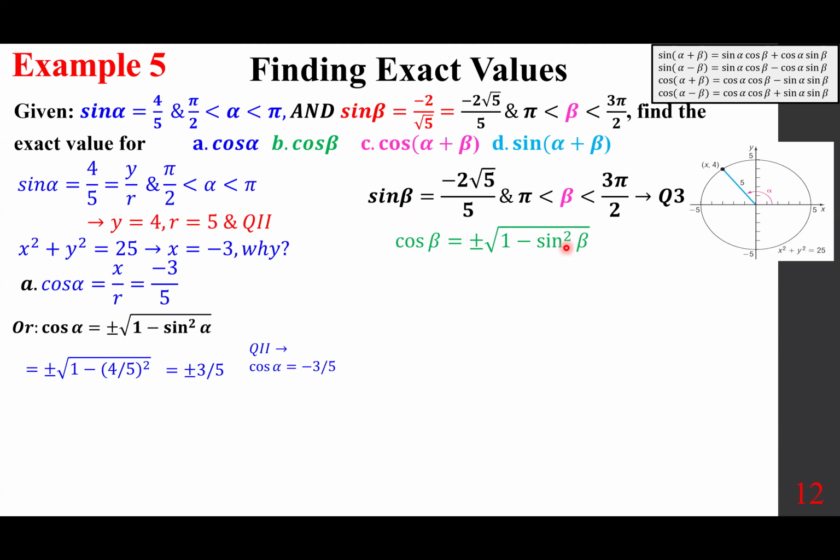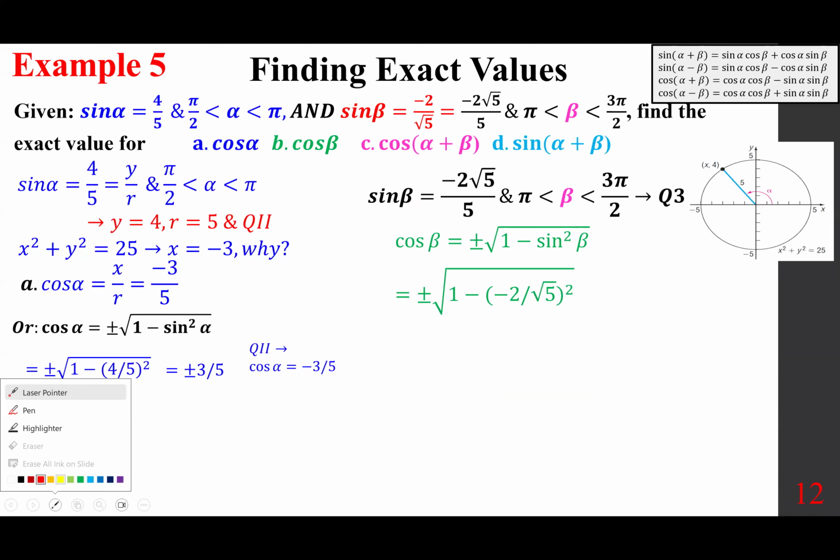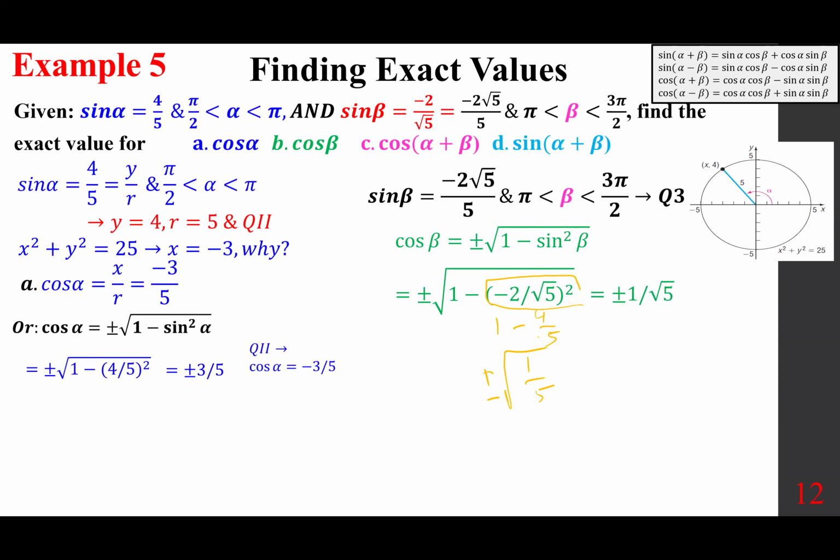So plus minus the square root of 1 minus negative 2 over square root of 5 quantity squared. And I hope you see that this one is 4 over 5. So 1 minus 4 over 5 is 1 over 5. So we get plus minus square root of that, or plus minus 1 over square root of 5.